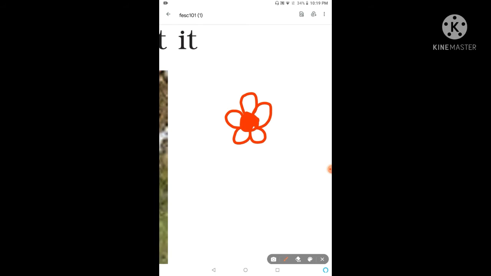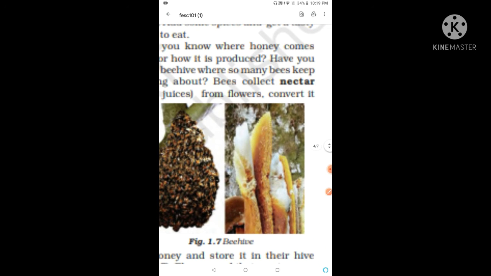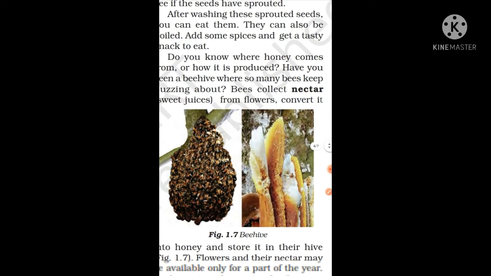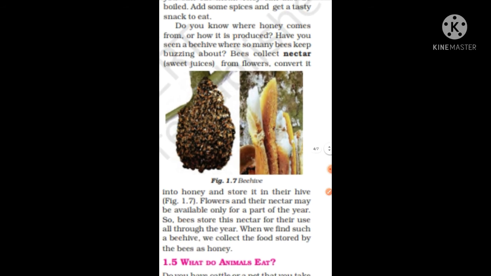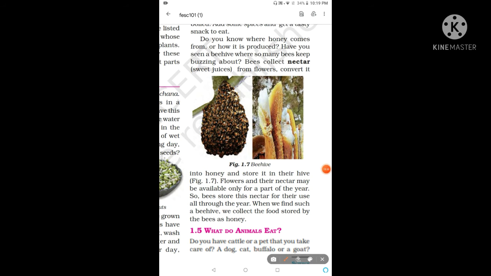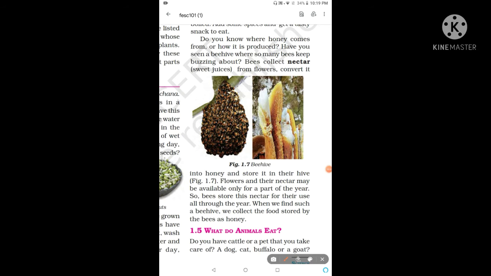So from here bees collect the juice, and then what they do, they convert it. That juice is called nectar. They convert it into honey, right? They convert it into honey and then store it in their hive.